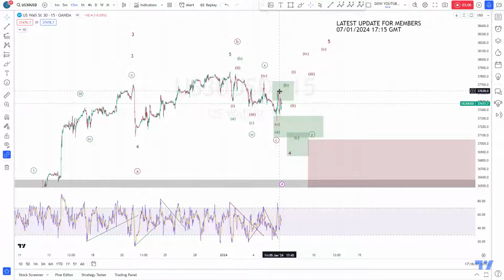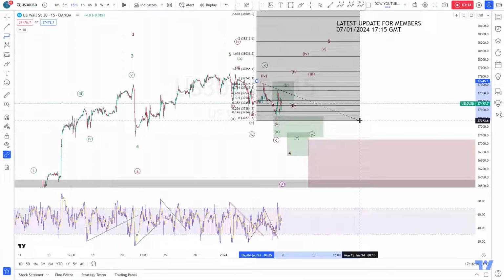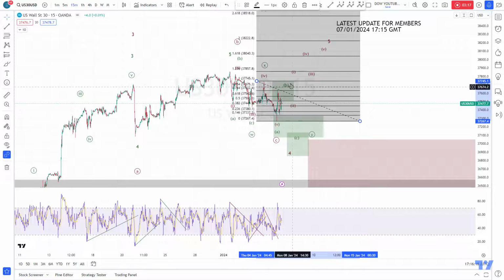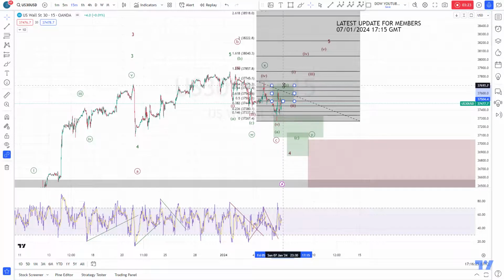Furthermore, if we assume that our wave B high is in, so as you can see, we went into the wave B area. If we take the length here of the wave A, then we know that the wave B area is the area between the 0.5 and the 0.854 Fib retracement.